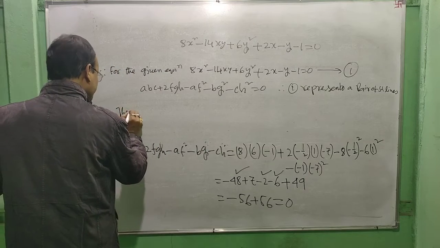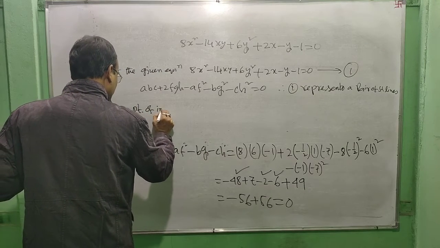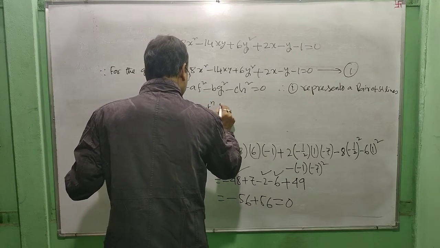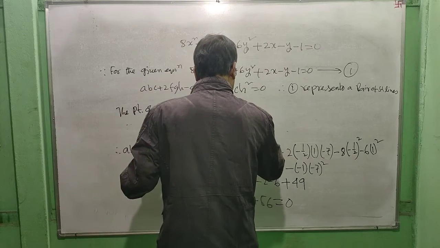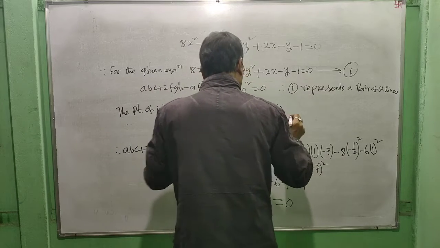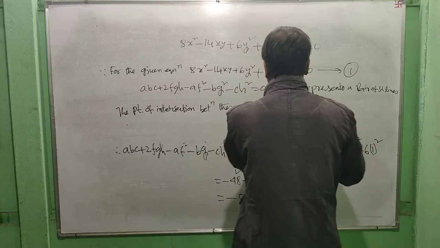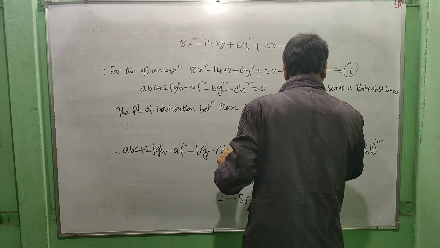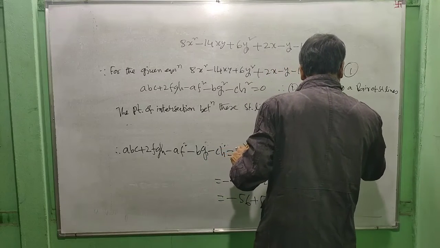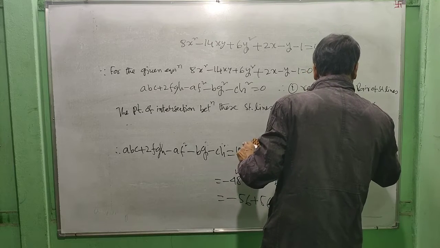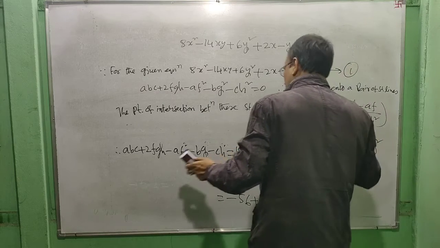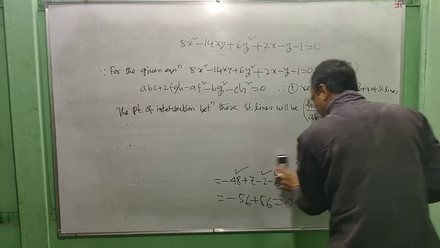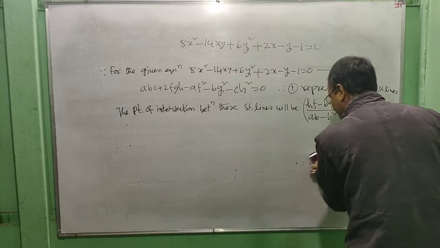The point of intersection between these straight lines will be (HF minus BG) by (AB minus H square), (GH minus AF) divided by (AB minus H square).